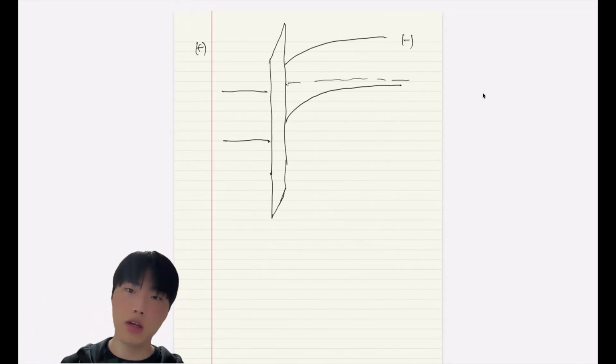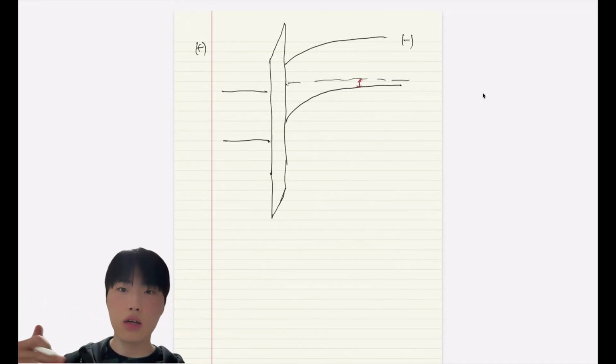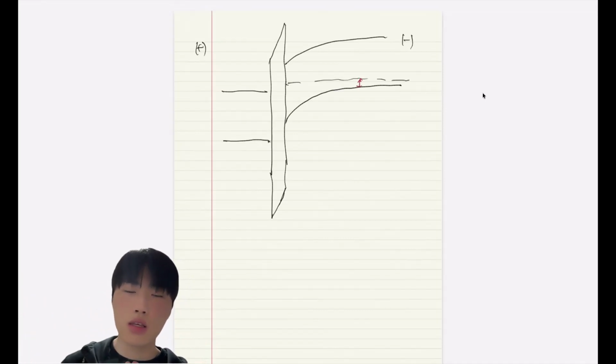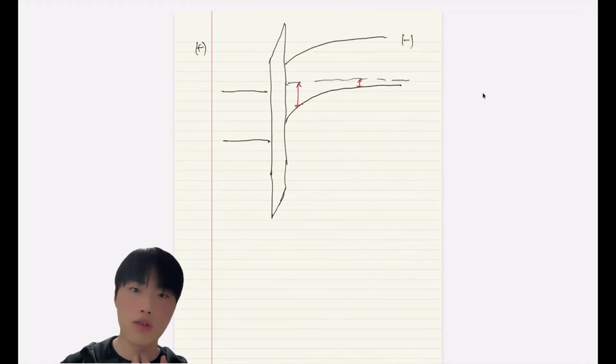The difference of the Fermi level and the valence band is increasing, but there are some interesting things on the surface part, the interface part.